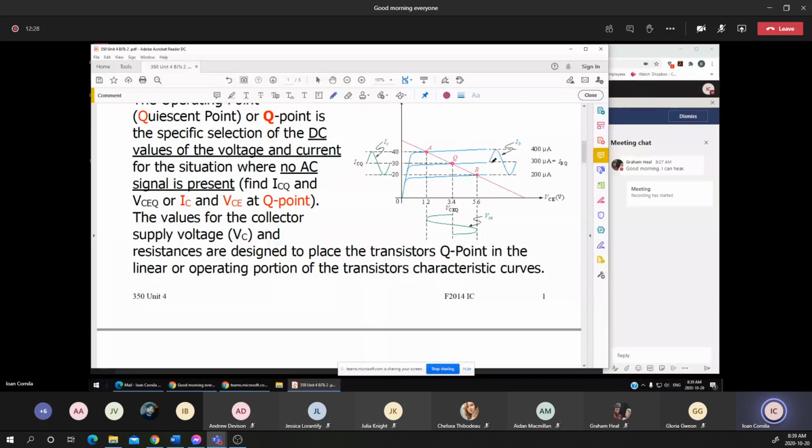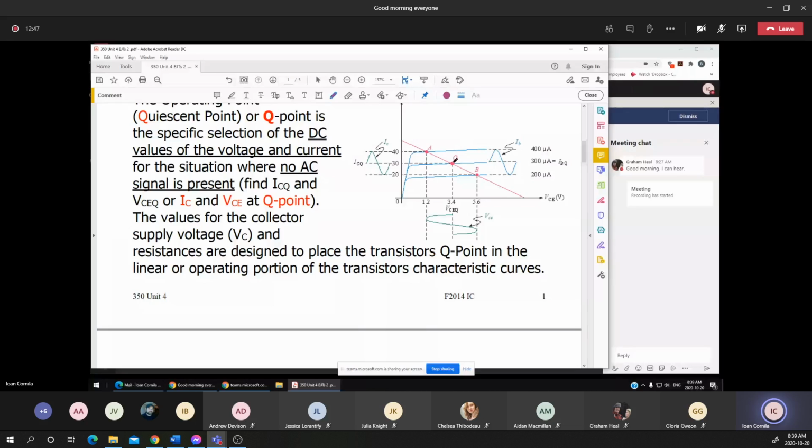And on top of that, we are applying an AC voltage, or an AC current, or a variable base current. This example shows the swing, or the limits, of the input or base current.